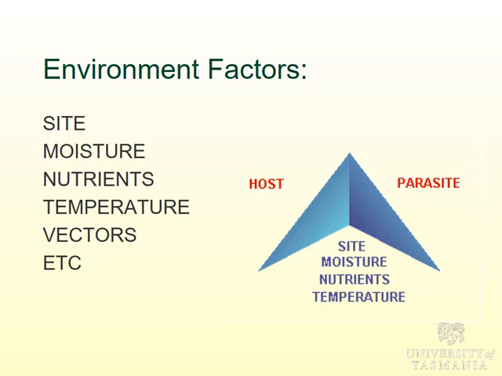Is it nutrient deficient? Is it too high in nutrients? Low or high temperatures. You can even toss in other biotic things. Are there other insects out there that are responsible for spreading your particular pathogen or not? If our pathogen's a virus and it needs an insect to spread it, obviously an important environmental factor is the presence of that insect and what it's doing in the environment.